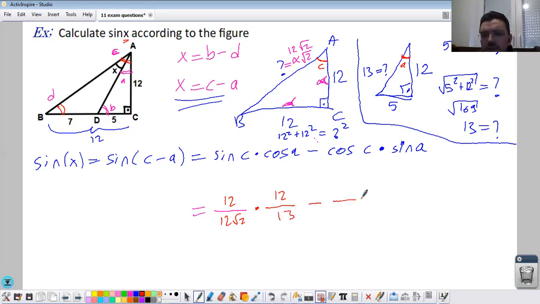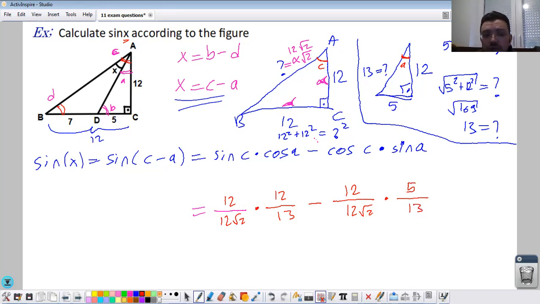Then minus, I write cosine of C angle: adjacent side of C angle is 12, and the hypotenuse of the big triangle is 12 square root 2, then times sine of A angle. Opposite side of A angle is 5 over the hypotenuse of the small triangle, 13.